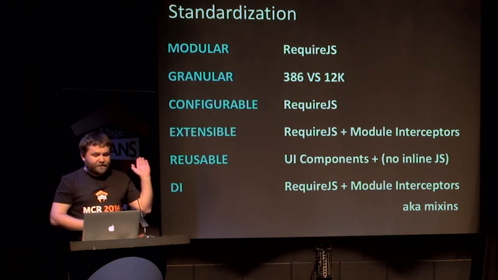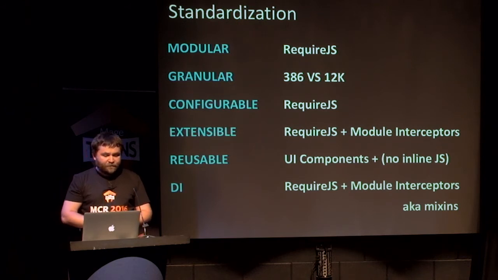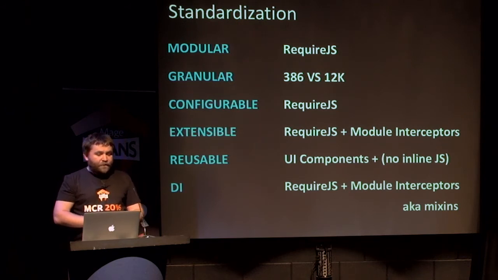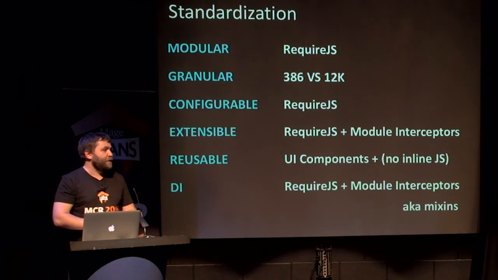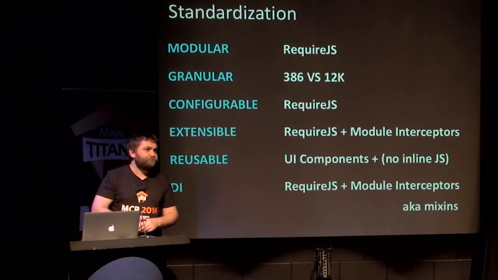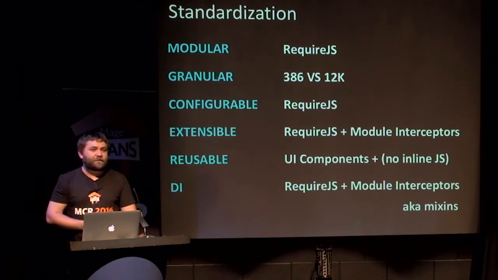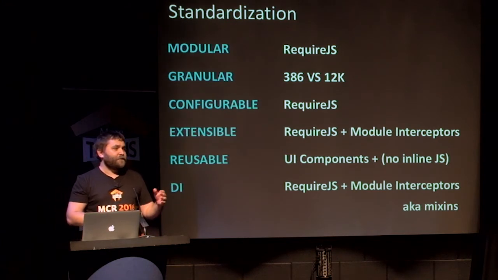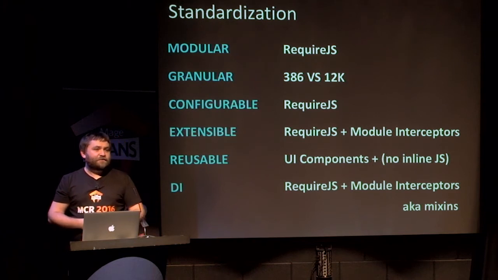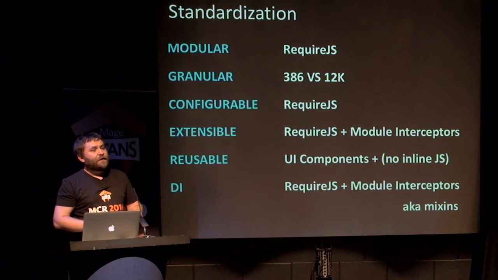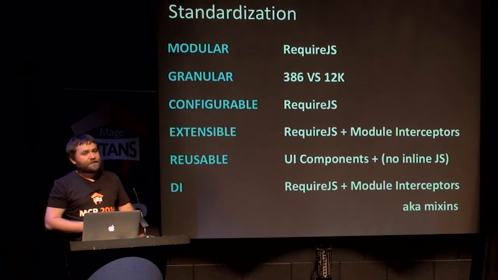Use require.js as the main mechanism for dependency injection. And also JavaScript is configurable. In Magento 1, plenty of JavaScript was configured via inline JavaScript. So we had access to the inline script node and just put some configuration from PHP into some variable and then passed it to some instance of a jQuery widget and so on.